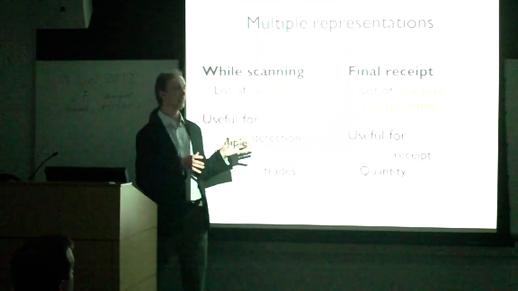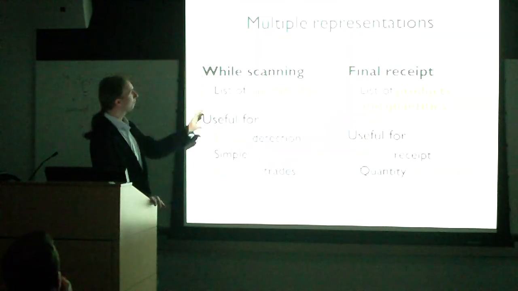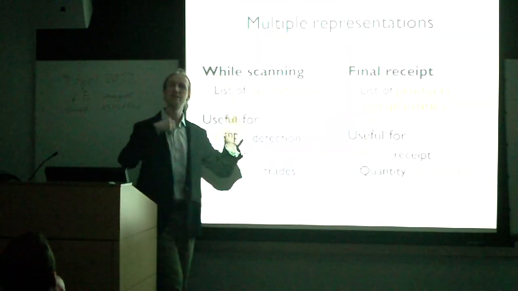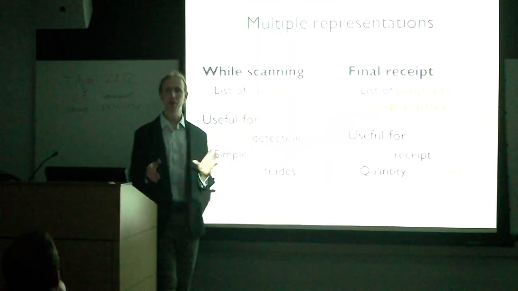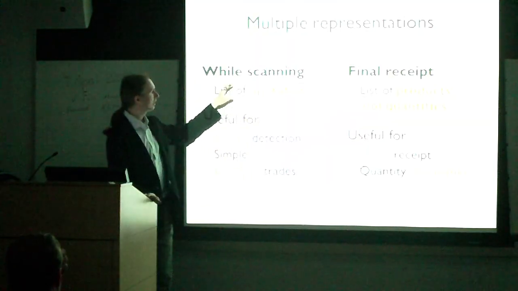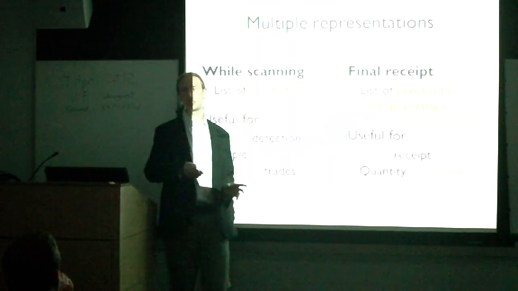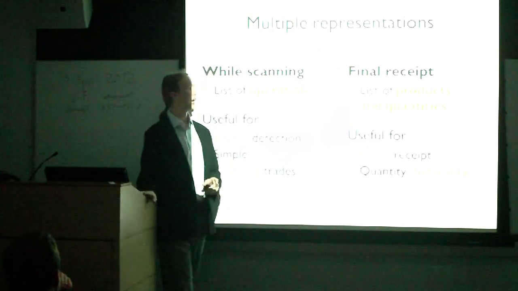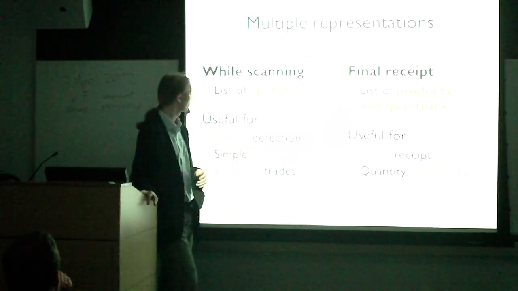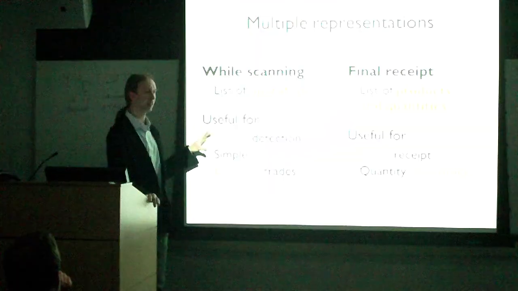So what do we need in this example? When we're in the scanning phase, that's what we implemented so far. We keep track of the list of operations of the scans and cancellations. And this is really good for some things.